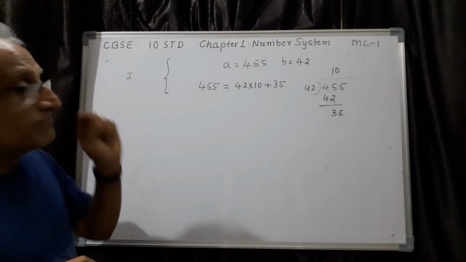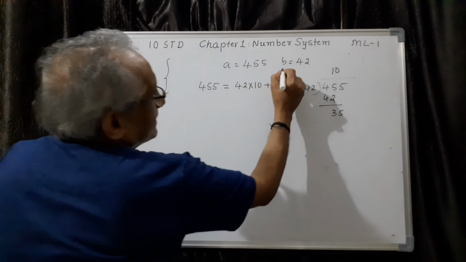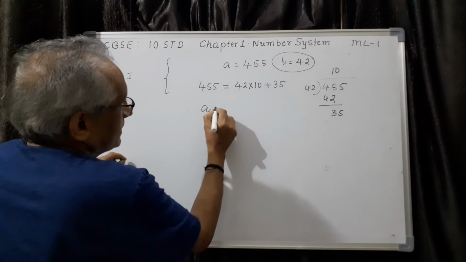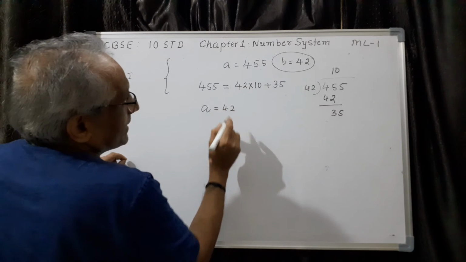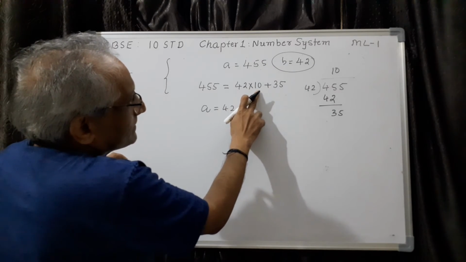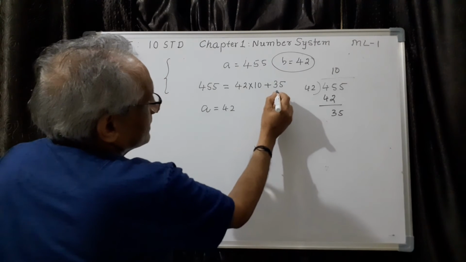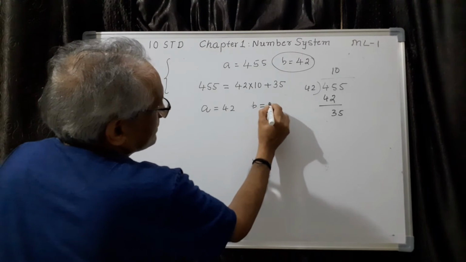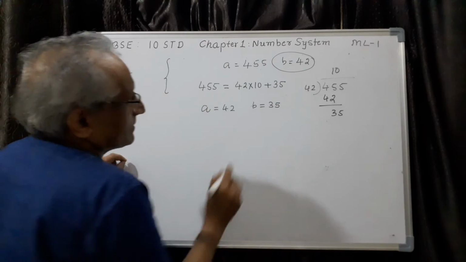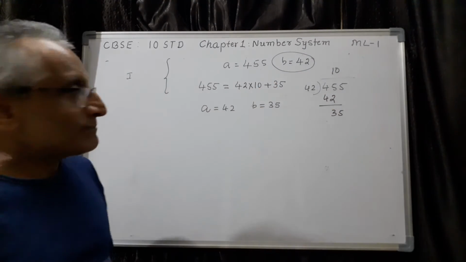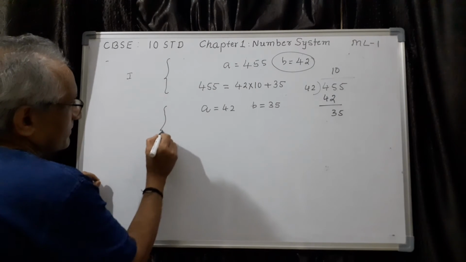Now in the second step what you have to do is take this B as A. Now you have to consider A equal to 42, and whatever remainder you get here, this R, should be taken as B. Remember, the remainder you are getting in the previous step should be taken as B. So this is the second step actually.